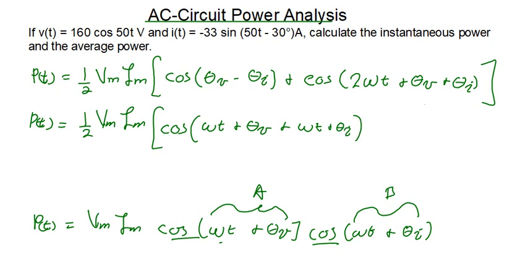Then we say plus cos of A minus B. You observe that this one minus that one would be 0. So you're going to have your phase angle of the voltage minus your phase angle of the current, like that.